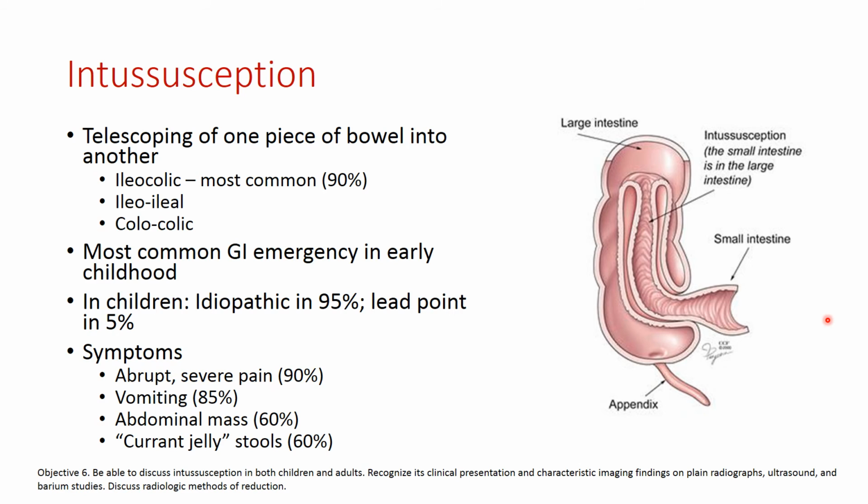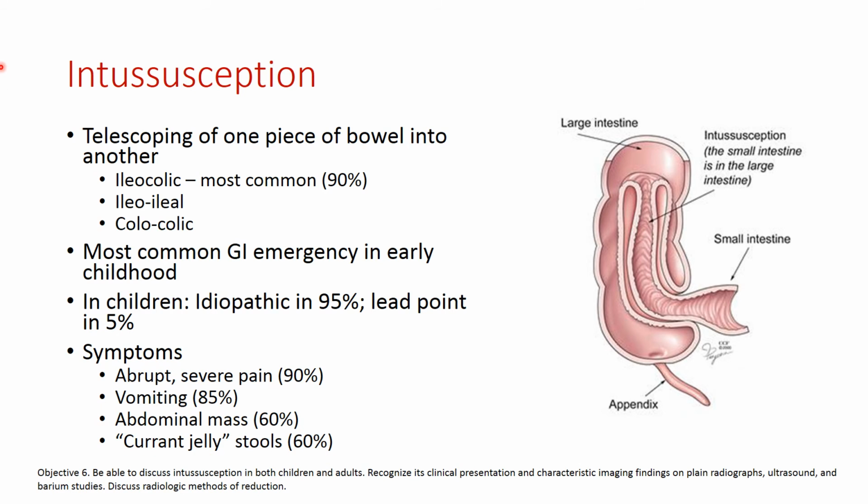Often, we can feel an abdominal mass. Now, this is normally in the right abdomen, often in the right lower quadrant, but we can feel it if this is intussuscepted enough up in, say, the mid-abdomen. Now, if ever there was a buzz phrase, this is the buzz phrase.